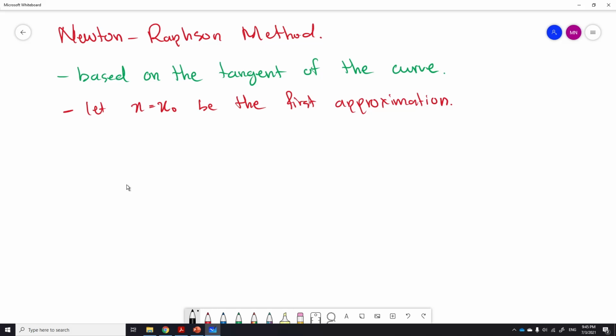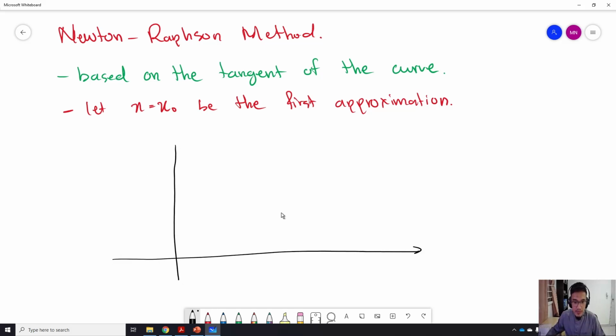Okay, let's say we have a graph of y and x axis. The graph cuts the x axis where the intersection between the graph and the x axis is labeled as alpha.